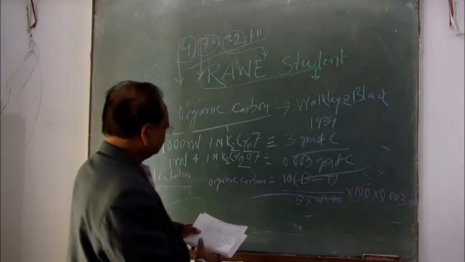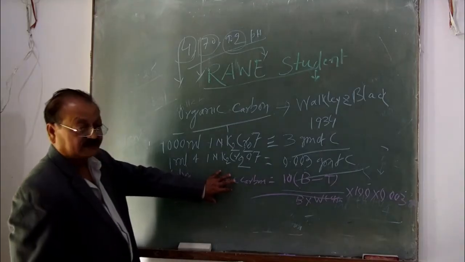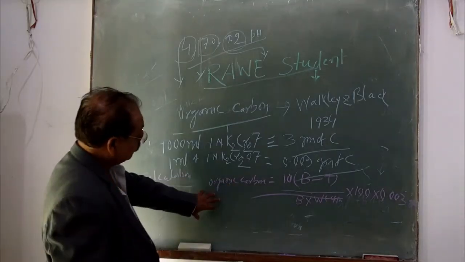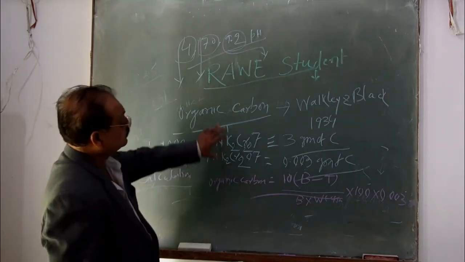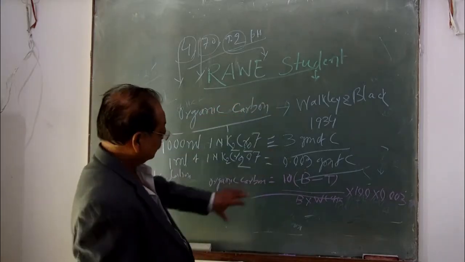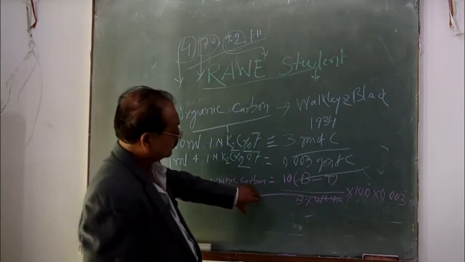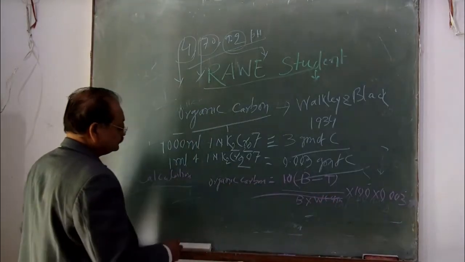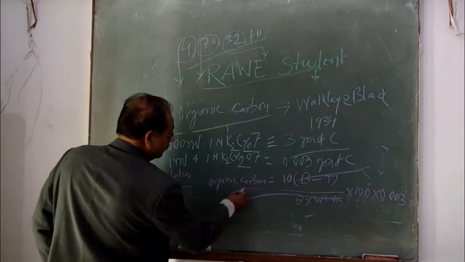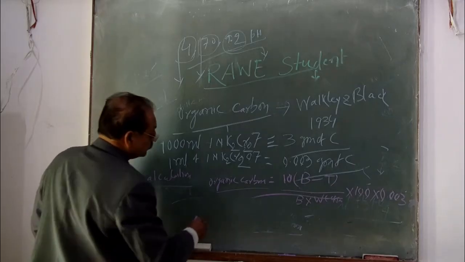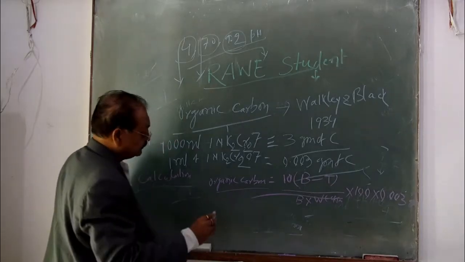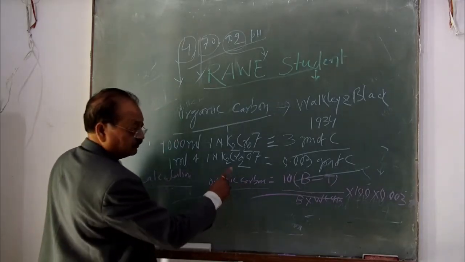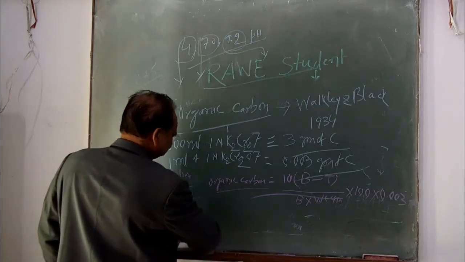So this is the calculation of the organic carbon content of the soil. Through this Walkley-Black method, the organic carbon content will come this much. This is also called oxidizable carbon.